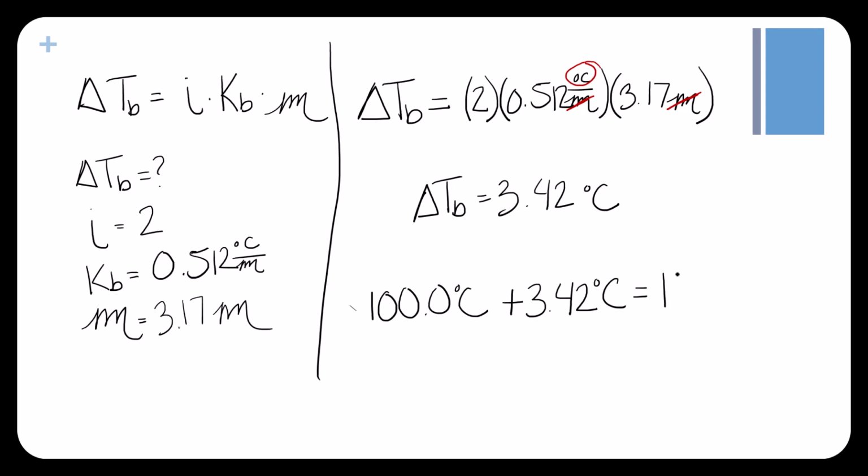So the answer to this problem, the new boiling point for this solution, is going to be 103.42 degrees Celsius. So be very careful with these problems. Read carefully. Am I just asking for the change in temperature, or am I asking for a whole new boiling point or a whole new freezing point, and take it one step further? That's it for this one. I hope you guys found that helpful.